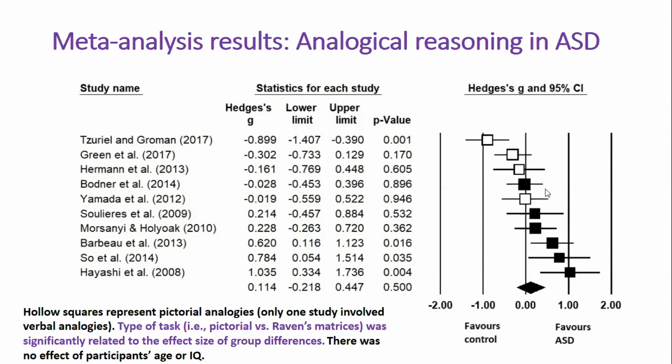So I just want to say a few words about forest plots. We used Hedges' g as the effect size statistic, which is really similar to Cohen's d, so it has the same interpretation. The only difference is that it corrects for biases in smaller samples, so it's considered a bit more precise.